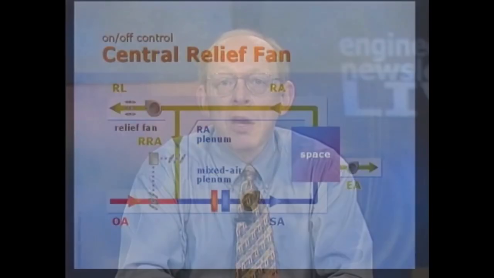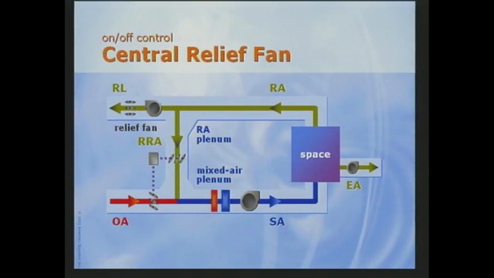Dennis? We move on now to two control methods used with the central relief fan configuration. In the first method, the relief fan controls building pressure indirectly without actually sensing it. Sometimes called central exhaust or powered exhaust, this system simply turns on the relief fan whenever the outdoor air damper opens to a predetermined position, such as 30% of full open.